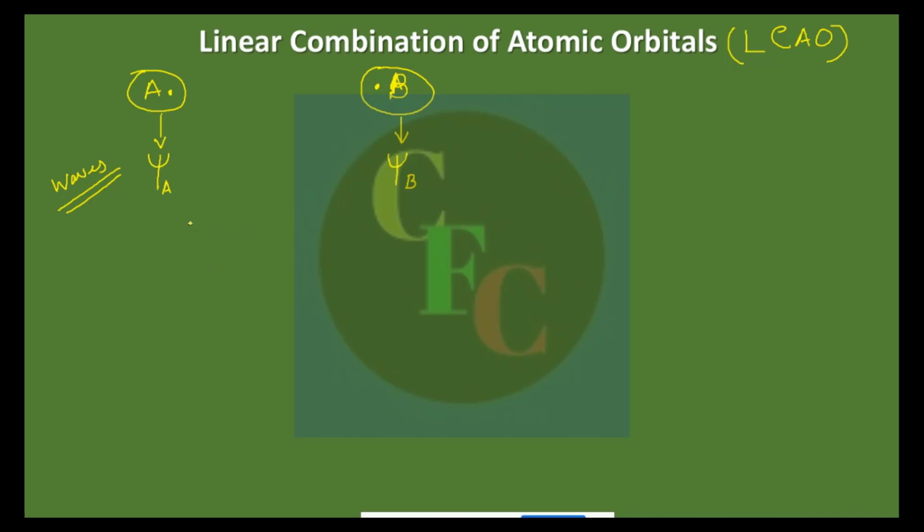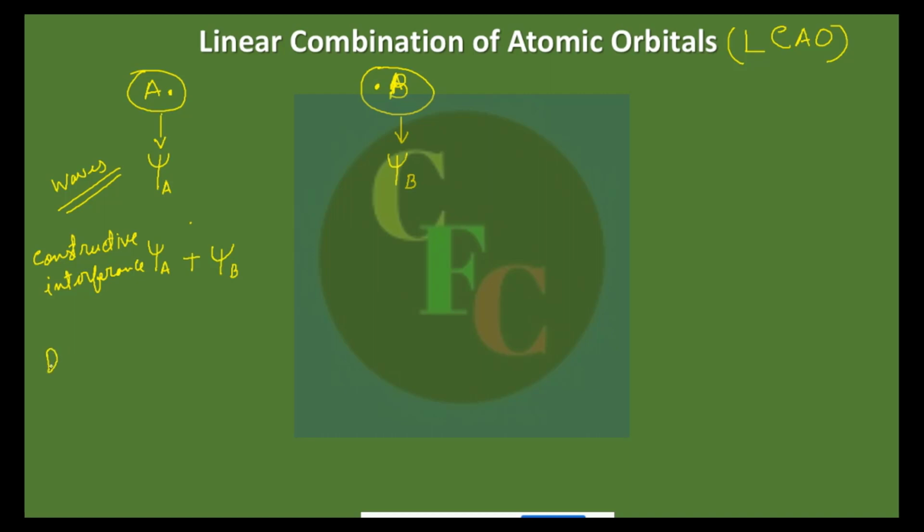Now if they combine like this, psi A plus psi B, this is what is called constructive interference.